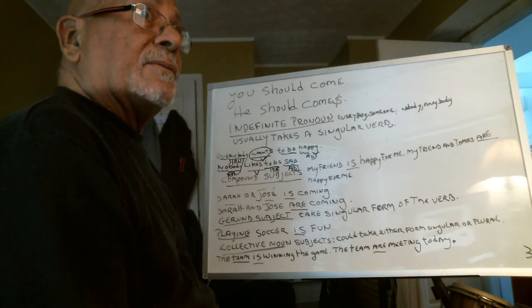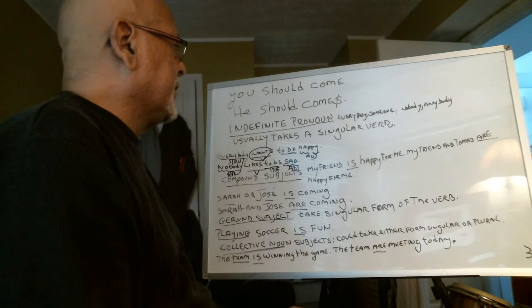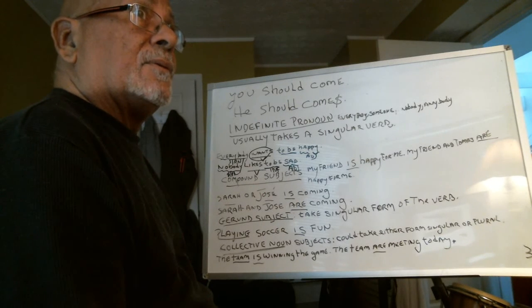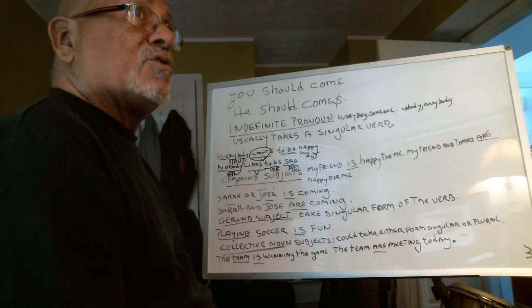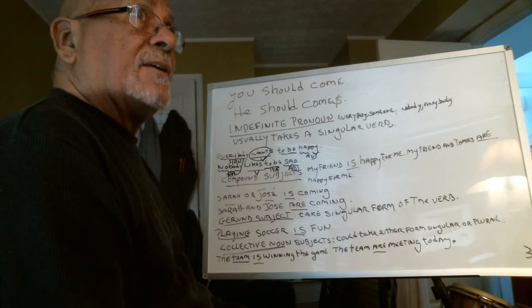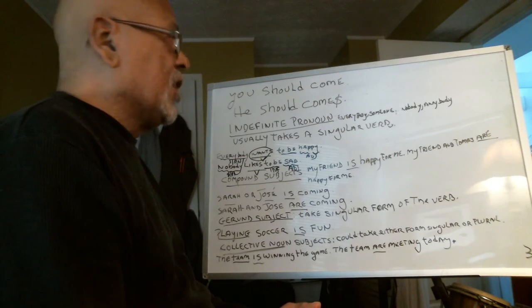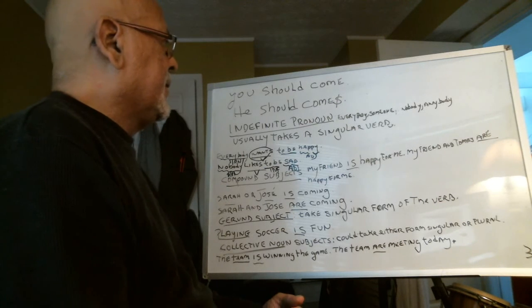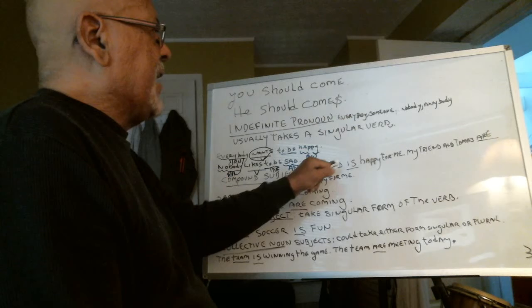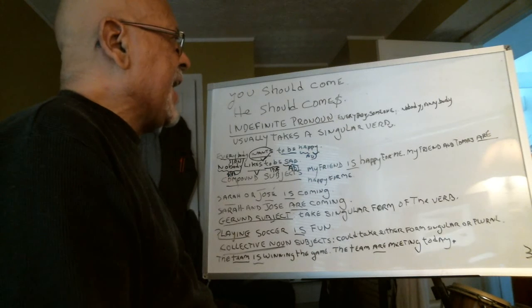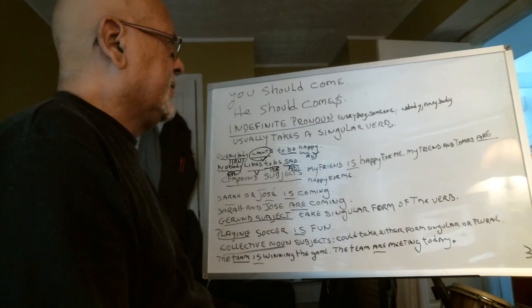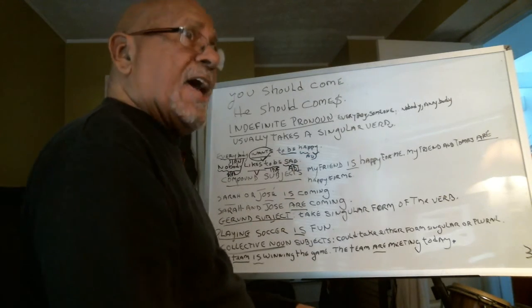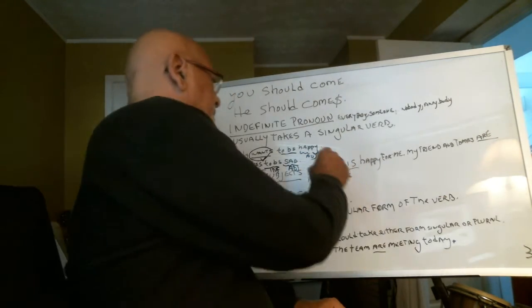Compound subject. Meaning two subjects. And usually they're connected by a coordinating conjunction, and. My friend is happy for me.